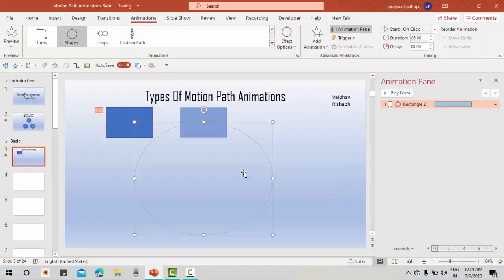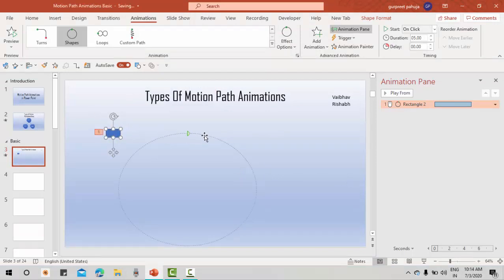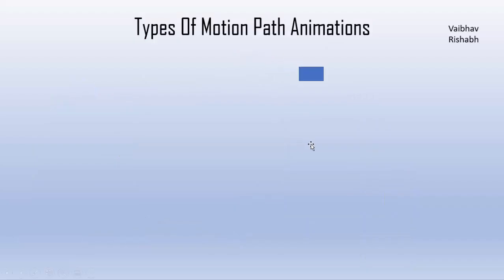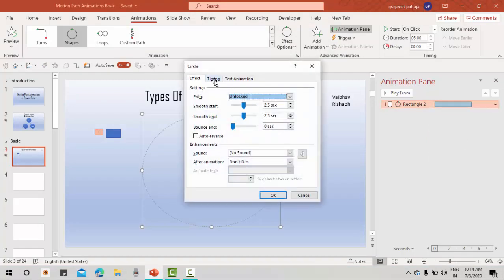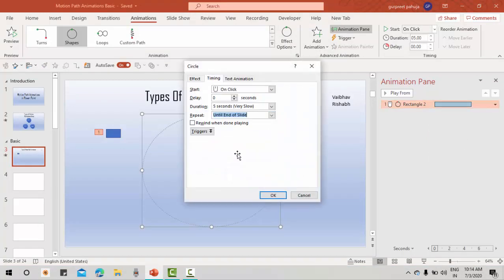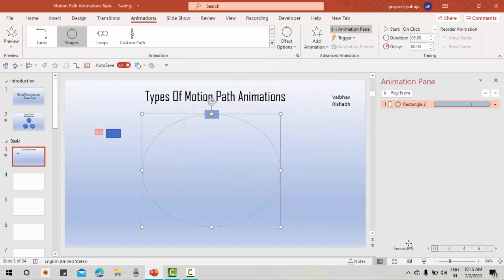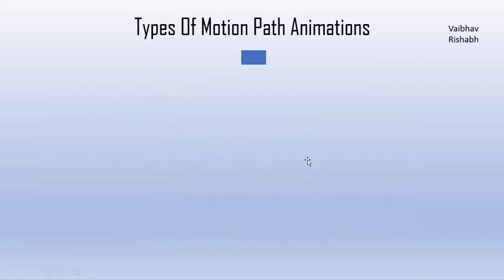So let us reduce the size of the shape which you want to animate. So if we select this animation and do it until the end of slide, this will keep on happening until we press click.